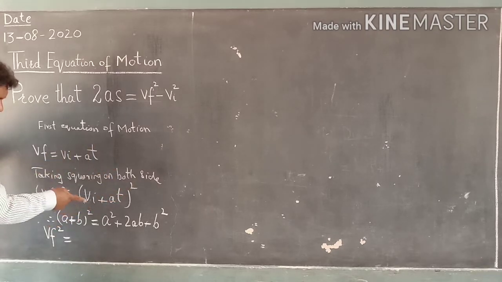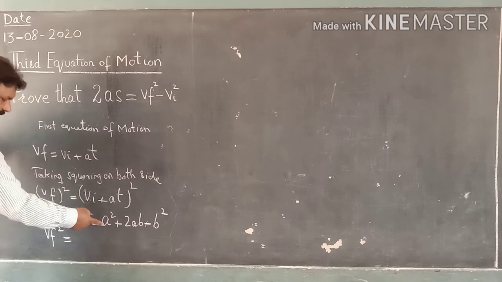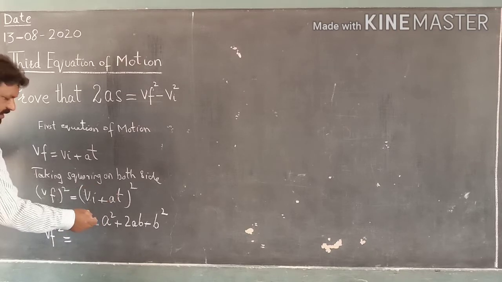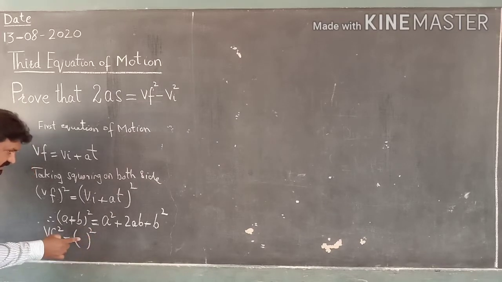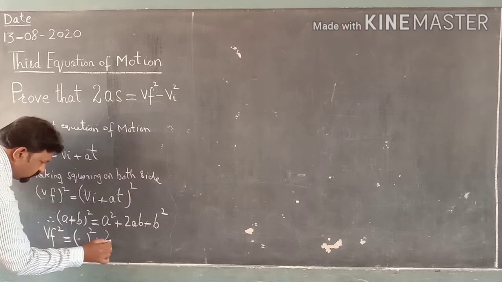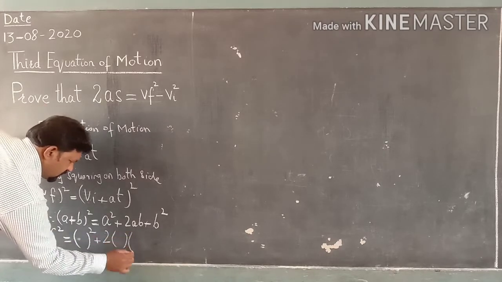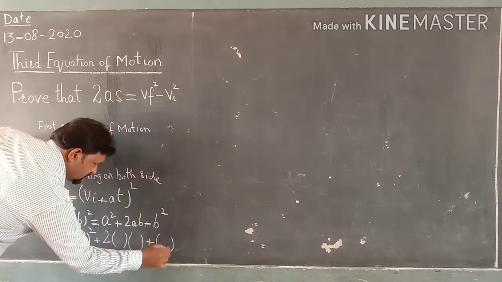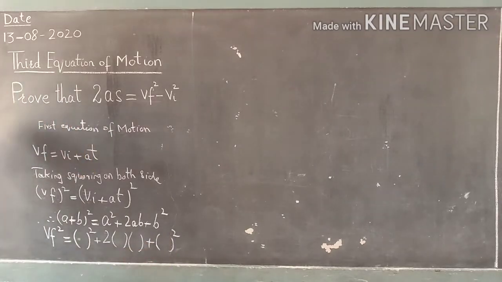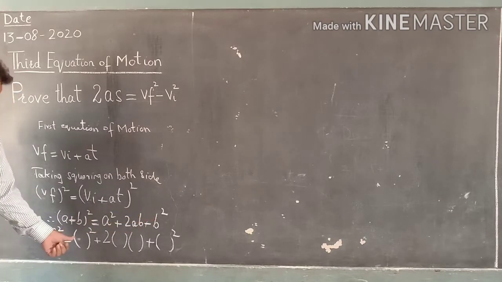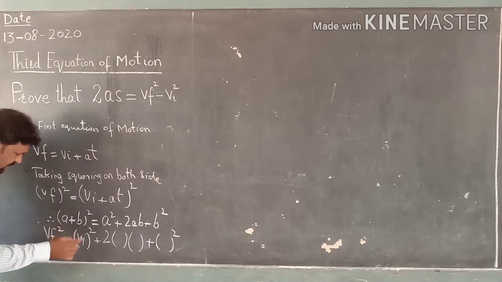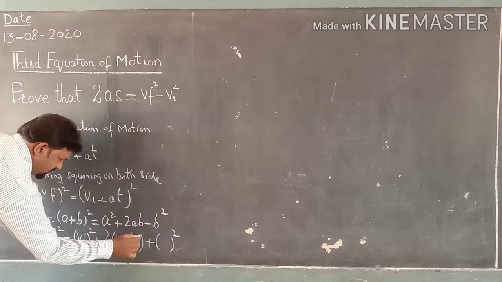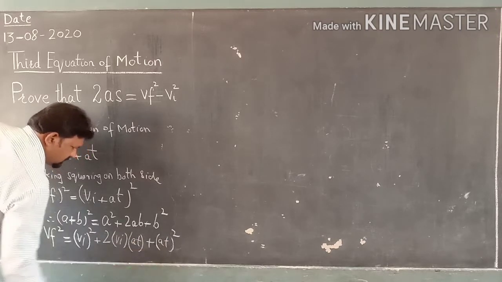So now we will put the value of Vi in the place of A and At in the place of B. So A square plus 2AB plus B square. Actually this is the structure of this one. We will write here Vi, At and At square.